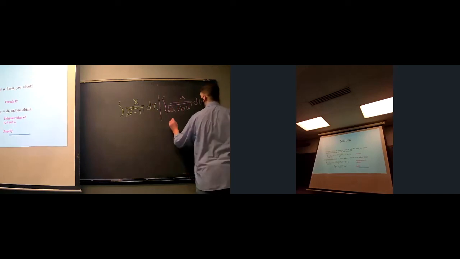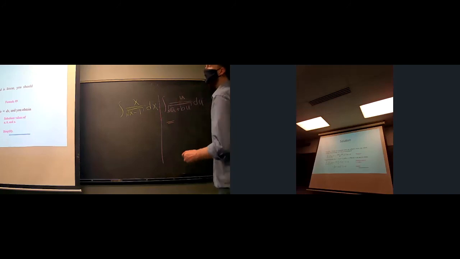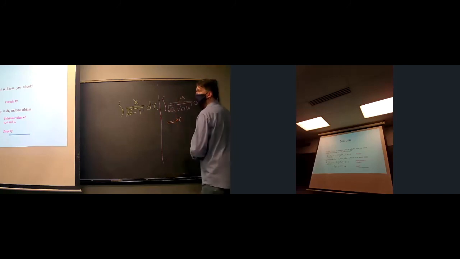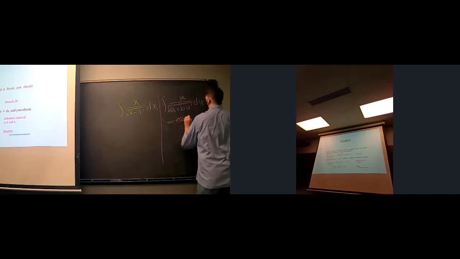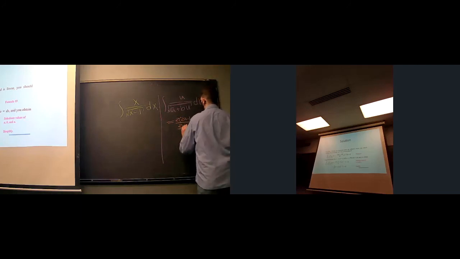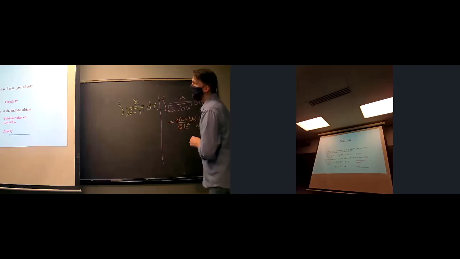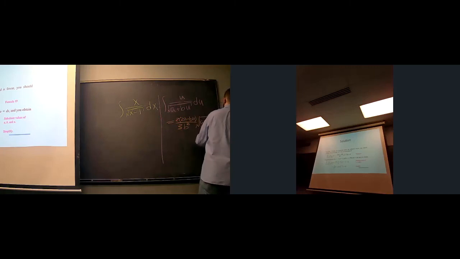And this integral comes out to be equal to 2 times the quantity 2a minus bu over 3b squared, times the square root of a plus bu, plus c. So this is what the table gives us.